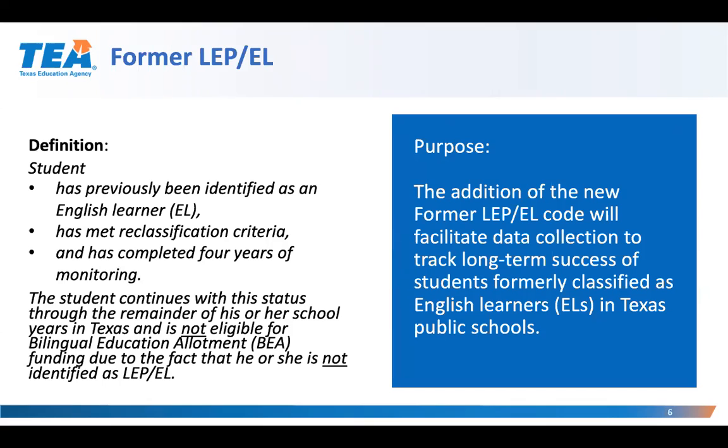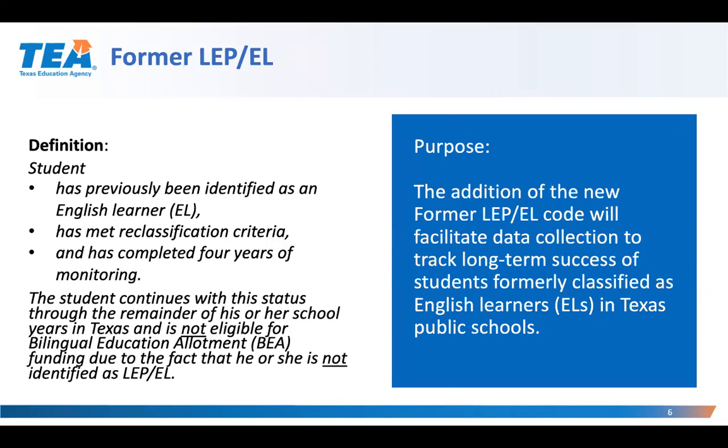This is not retroactive. So in the 1920 school year, the first students who will be utilizing this code of former LEP/EL will be students who in the 2018-19 school year have been a monitor year 4. So that is a LEP indicator 4. They will move in the 1920 school year to code 5.